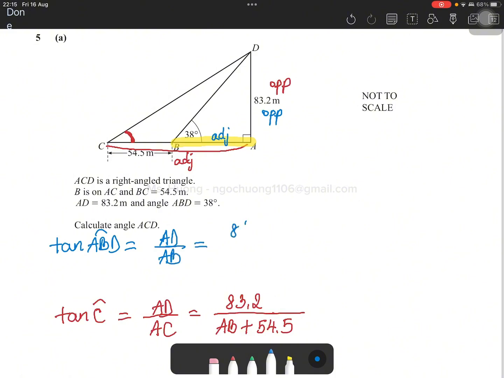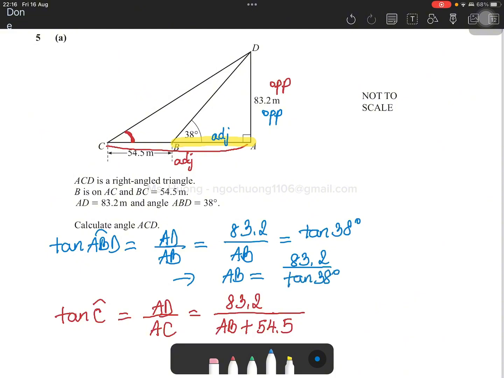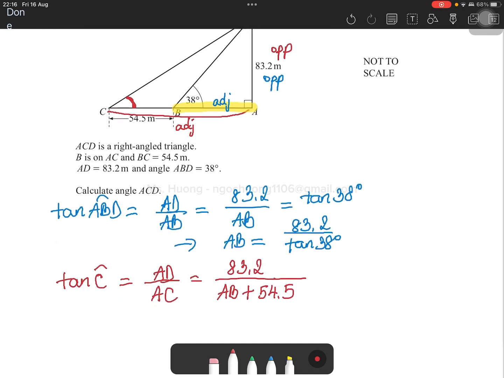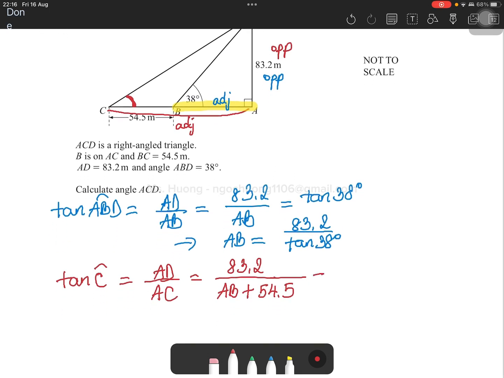So it's 83.2 over AB. And the angle ABD is actually 38 degrees. So from this, we know that AB is equal to 83.2 divided by tan 38 degrees. So now we'll substitute this AB into the second expression.